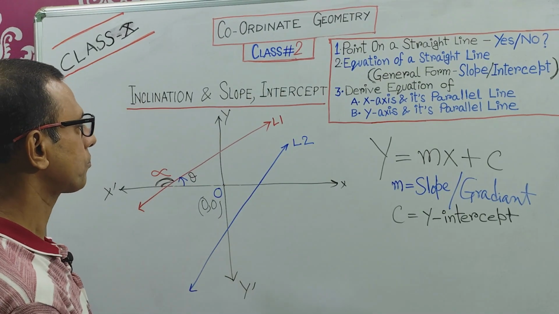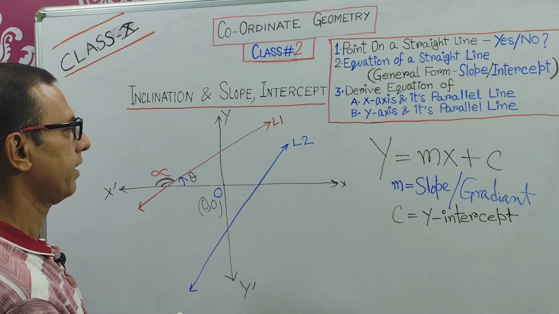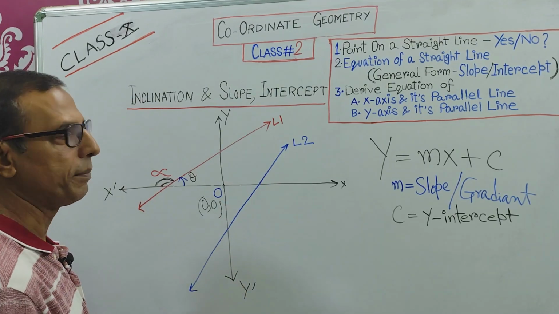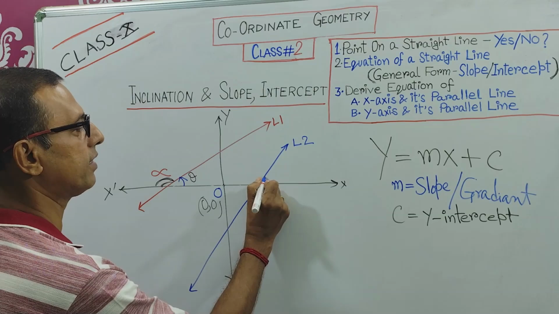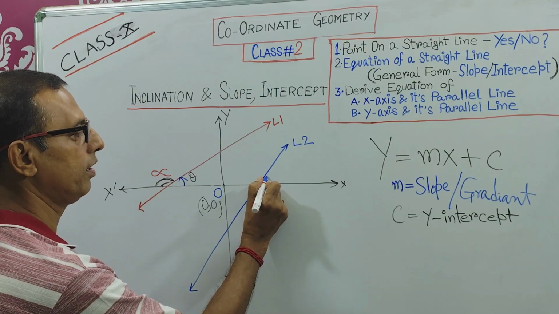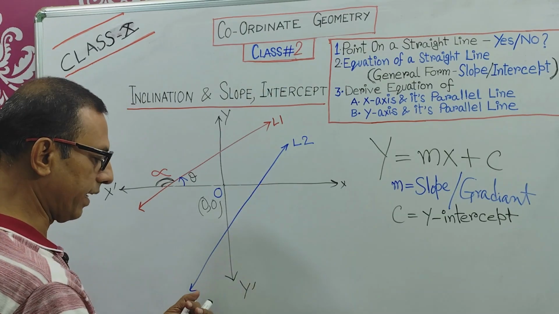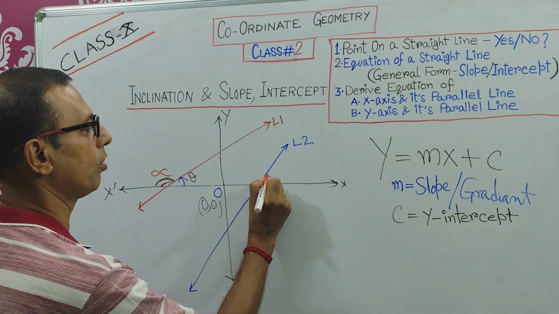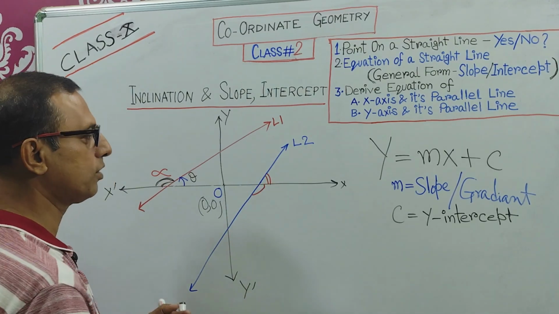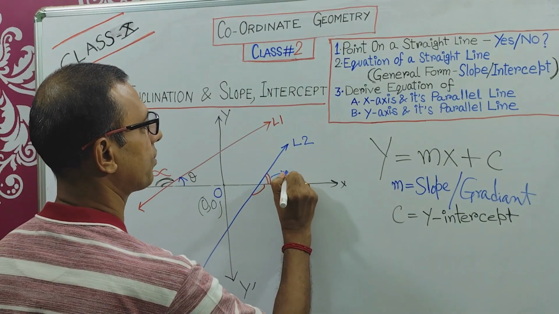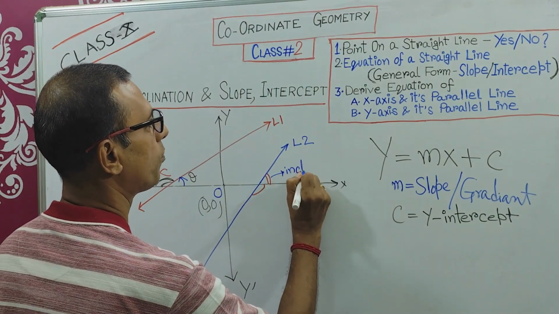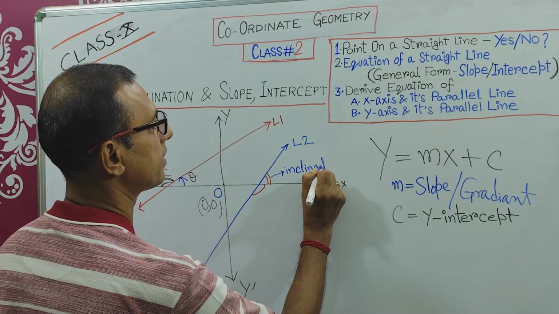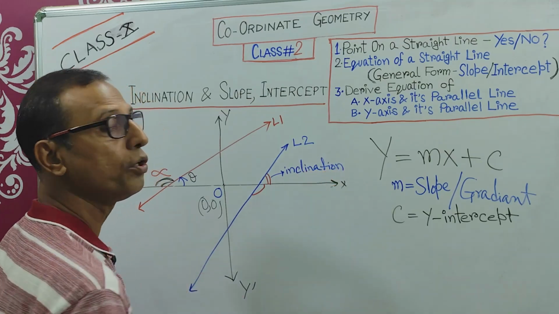Now for L2 also, similarly, it is this angle with the positive direction, not this angle, because this angle is also with the x-axis, but this one will be the inclination because it is with the positive direction of the x-axis. That is what you need to remember.